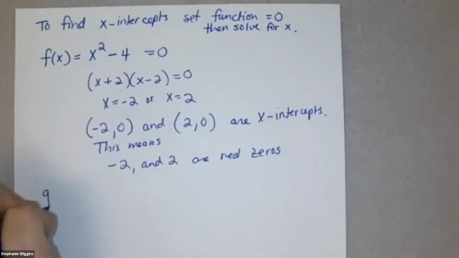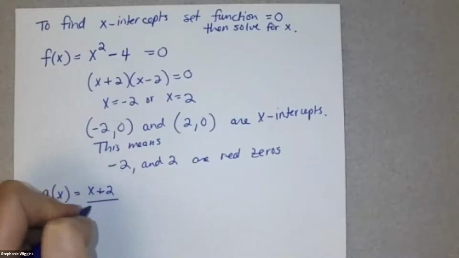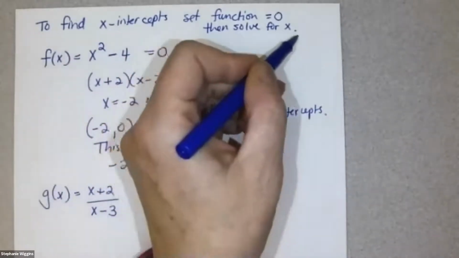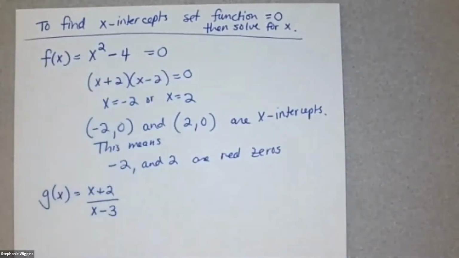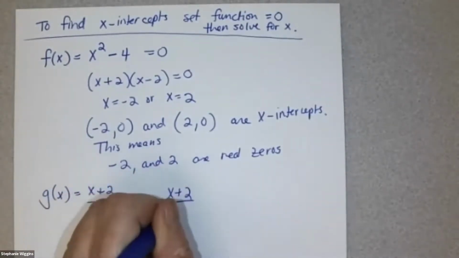Now, if your function is rational, so if you have something like (x plus 2) over (x minus 3), then to find the x-intercepts, you set your function equal to 0.